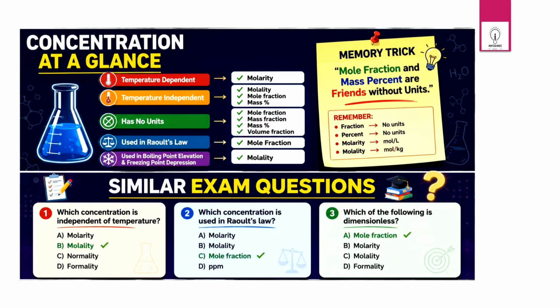I said it in a slide also. Dimensionless, Raoult's law, independence or dependence: these are the things which can confuse you. So be very careful and clear about what mole fraction is, when mole fraction will come, and when molarity will come. Just remember the things calmly. You will write exams in a better way.